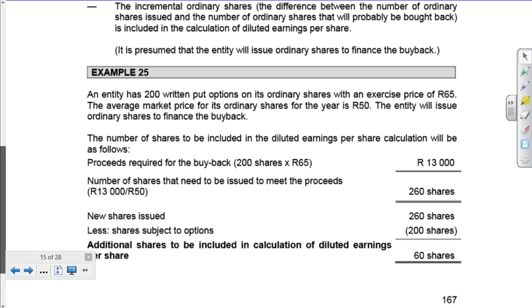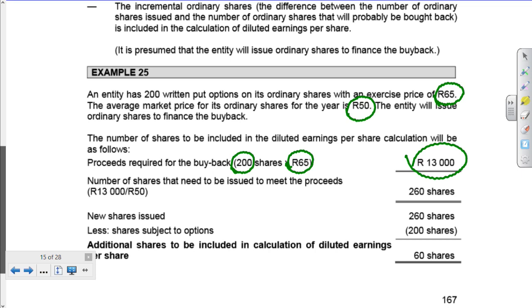So the average market price is 50 Rand, which means that in order for us to pay back the 65, I'm going to have to issue more shares. Do you agree? So here's what I need. I need for 200 shares at 65 Rand, 13,000 Rand. Agreed? It hasn't happened yet, but the options are in the money, which means a shareholder can make money by exercising that option.